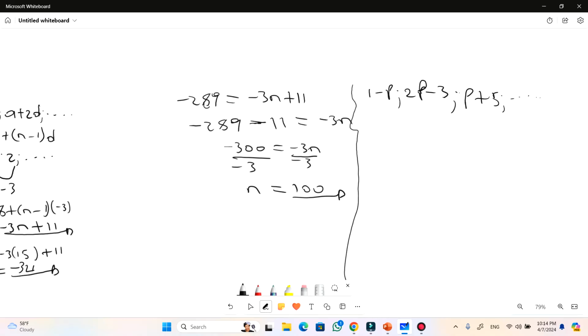On this one we have an unknown in our sequence, right? But remember, this 1 minus p represents the first term as it is now.